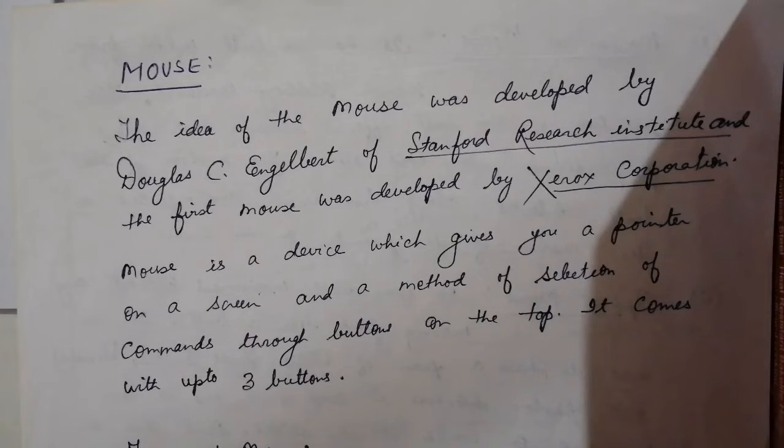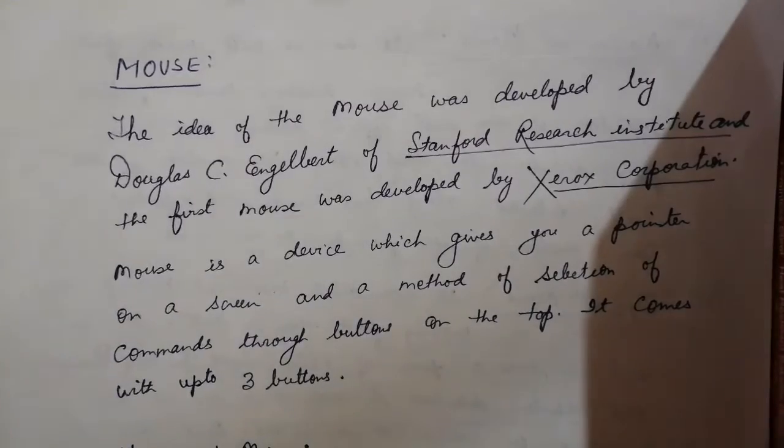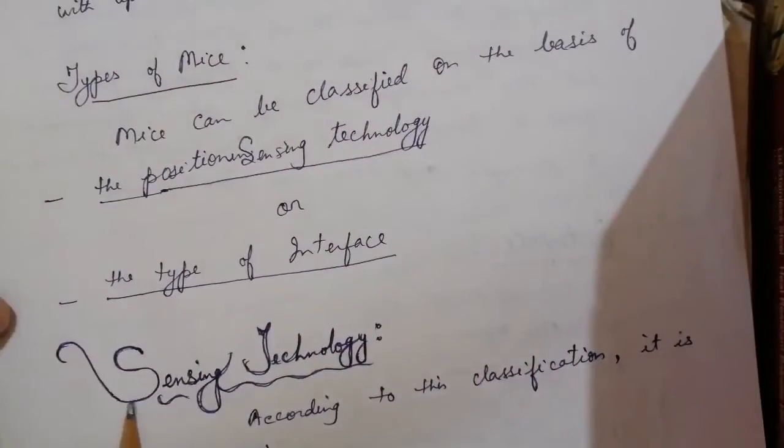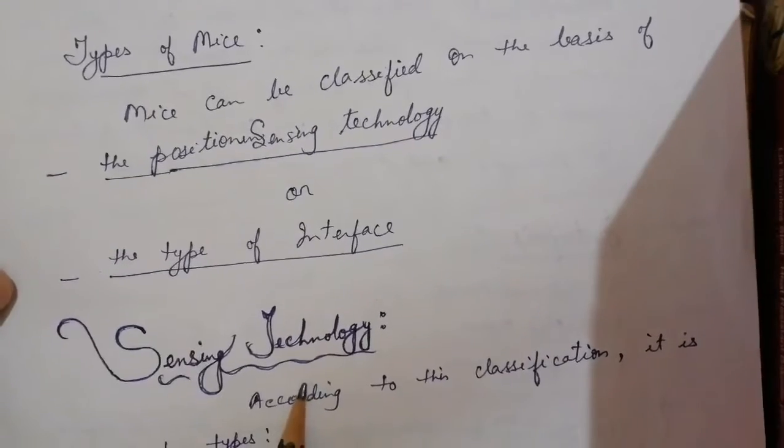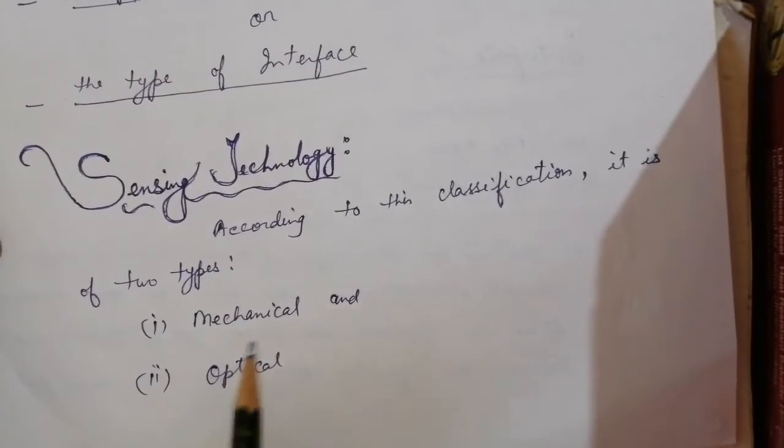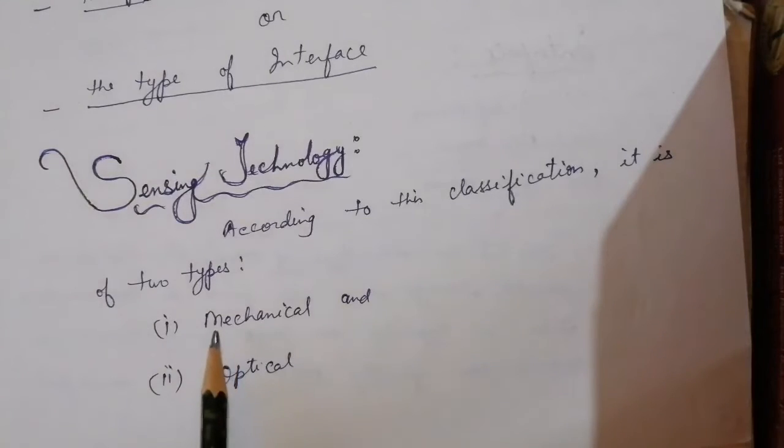So left, right, and scroller through which we can scroll. And as far as sensing technology is concerned, it is of 2 types: mechanical and optical.